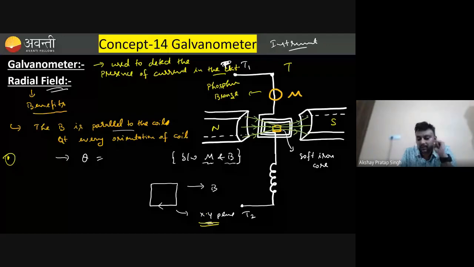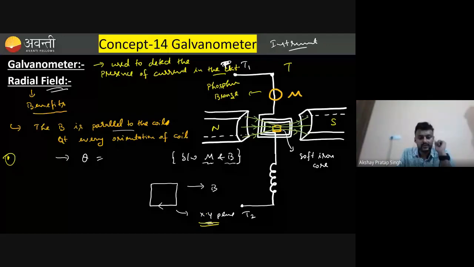Magnetic field is along X axis. You can see what is the angle theta. Theta is going to be 90 degrees. So what I was saying is that if magnetic field is parallel to the coil, then every time theta will be 90. This is the benefit of radial field.